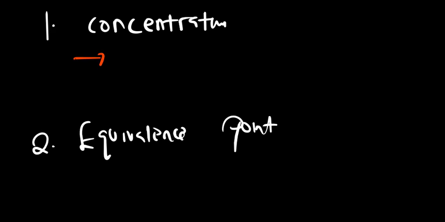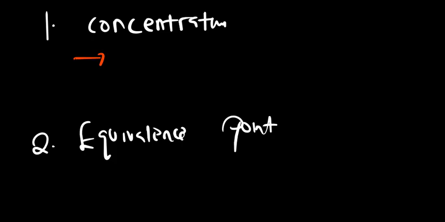Okay, so you've recorded the volume of the titrant that you've used in the previous procedures that we're talking about. Now, how you're going to calculate the concentration of the analyte, because it's the analyte that you're trying to find.